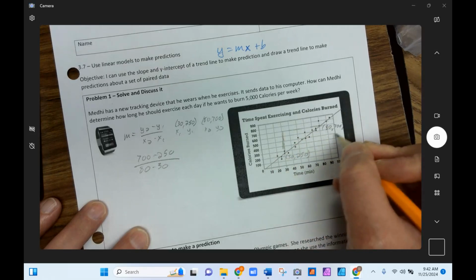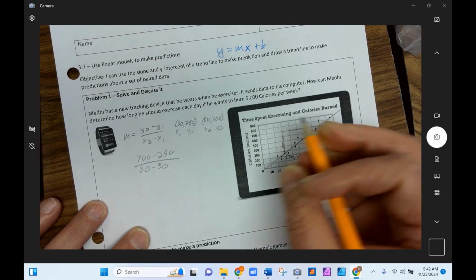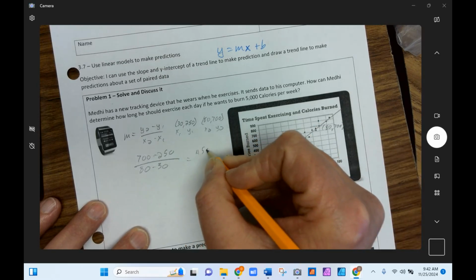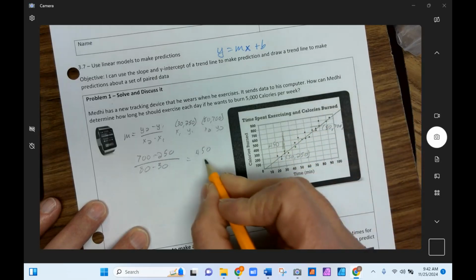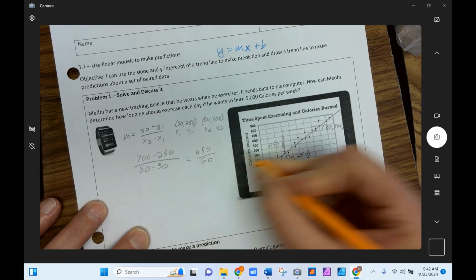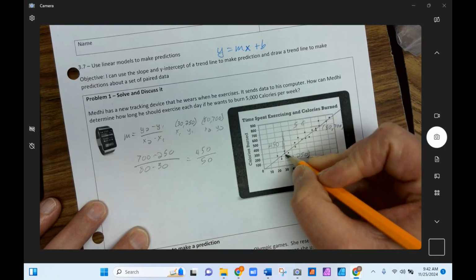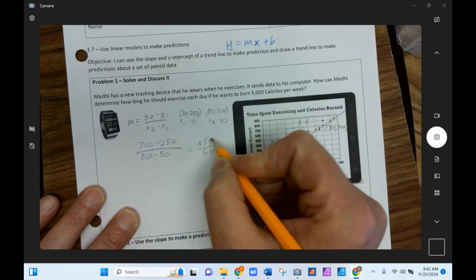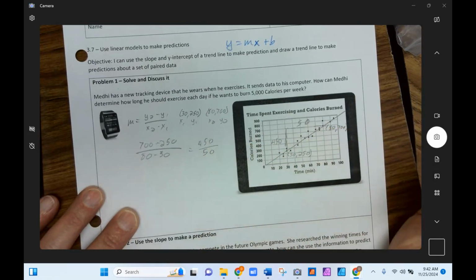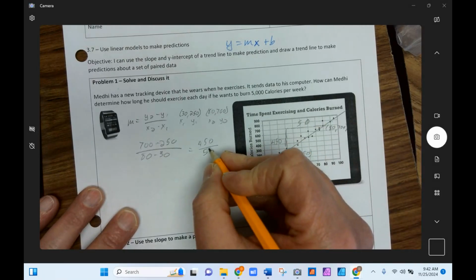So that 700 minus 250 is 450. That 450 is that 450 distance right there. And then on the bottom, we've got that 80 minus 30 is 50. So that 30 to 80 right there is that 50, right? So that's how those numbers match up. Okay, easy peasy.